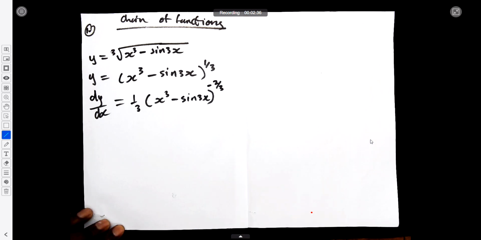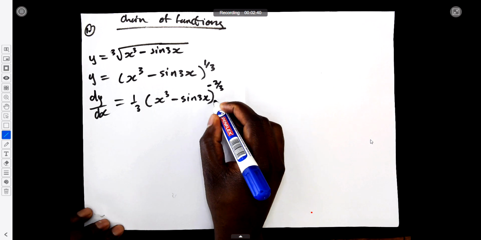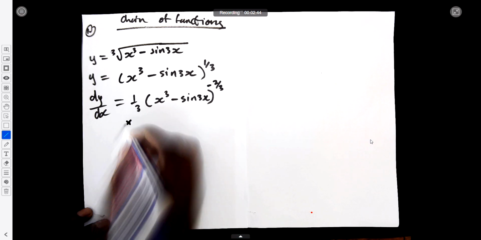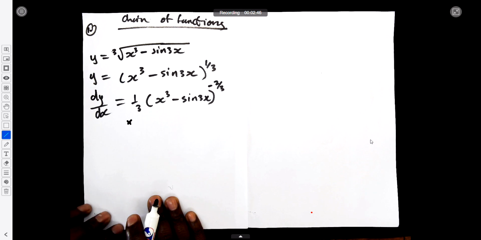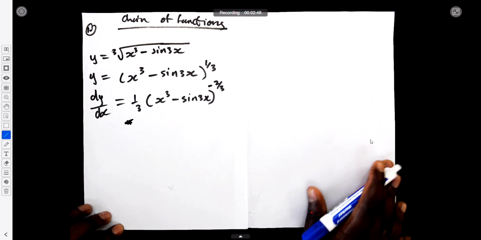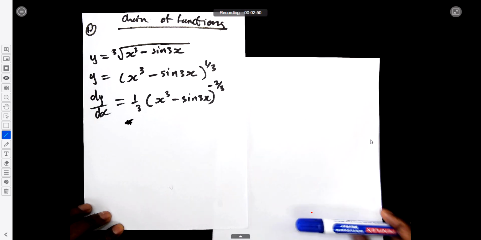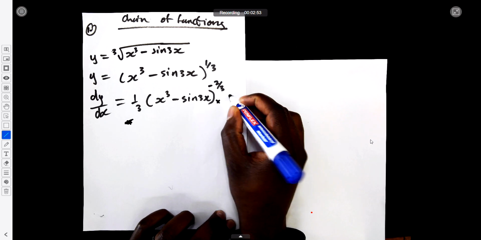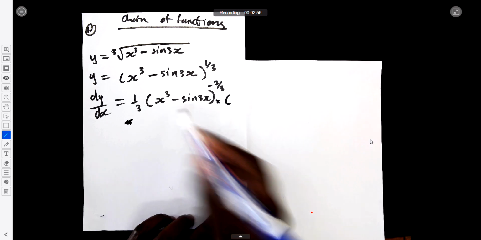We need to multiply by the derivative. The space is small here, so please allow me to put a multiplication here. Okay, it's fine, let me just overlap. So we are going to multiply now by the derivative of what is inside the bracket.